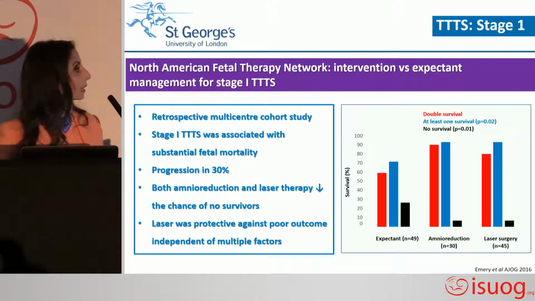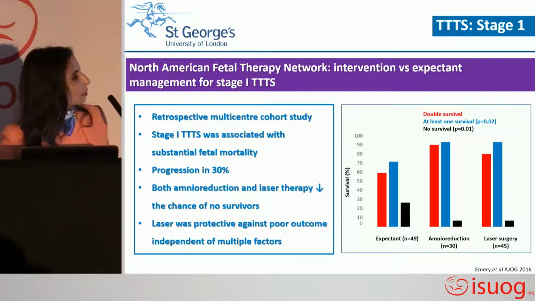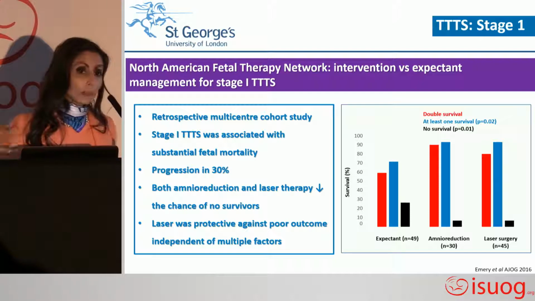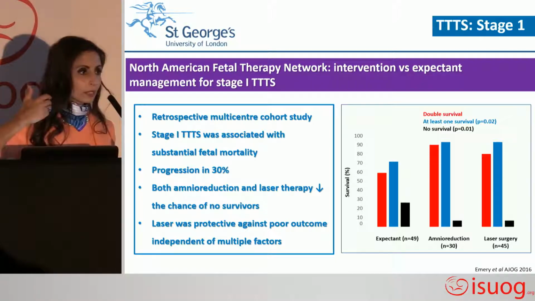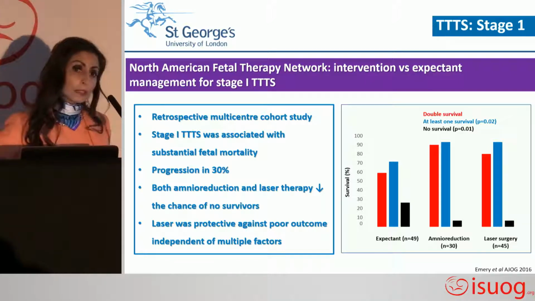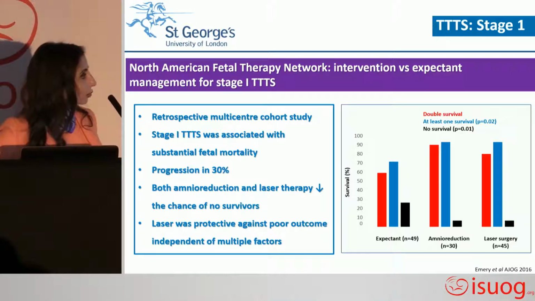But what was interesting in this study were two messages. Number one, stage 1 TTTS had risk of mortality. It was not a benign disease, and therefore these pregnancies have to be monitored closely. Despite the fact that the progression is only 1 in 3, it still is at risk of perinatal mortality.